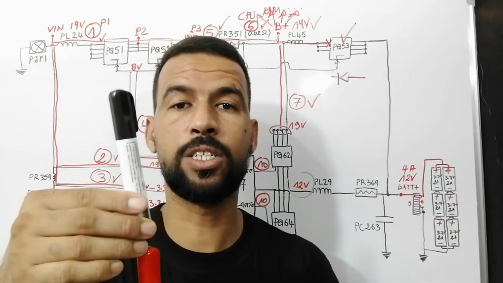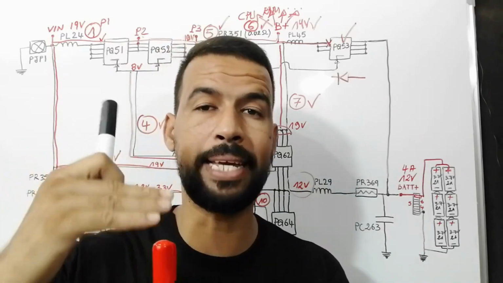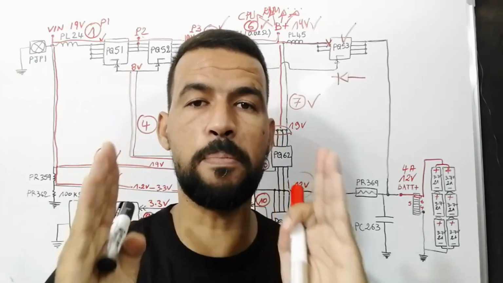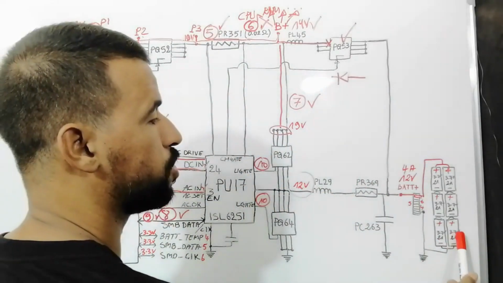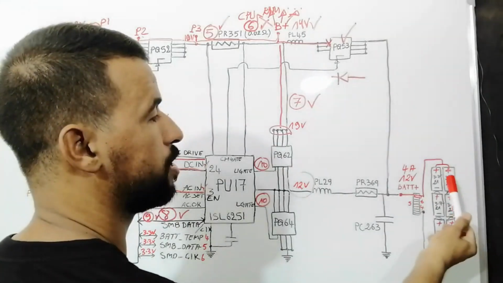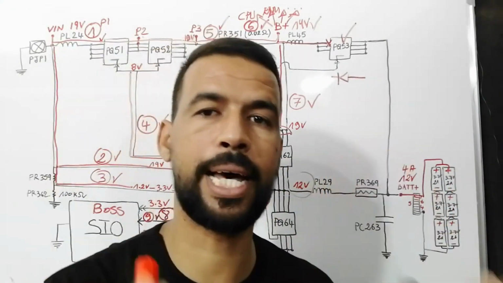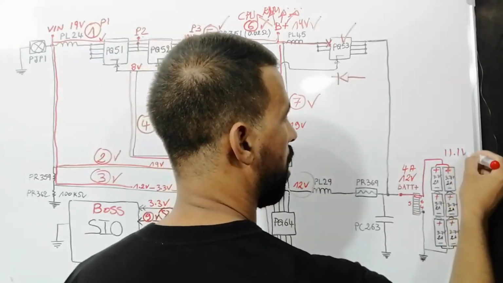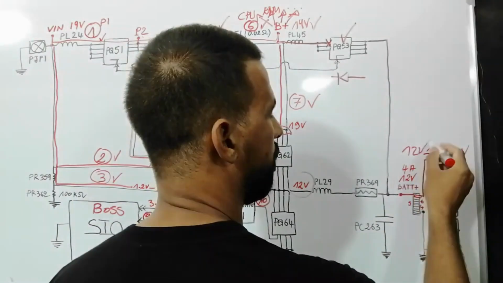When we connect the cells in series, the voltage will be added, will increase, but the current will remain the same. So we have 3.7 here, 3.7, 3.7. So 3.7 plus 3.7 plus 3.7 equals about 11.1 volts, which means 12 volts.